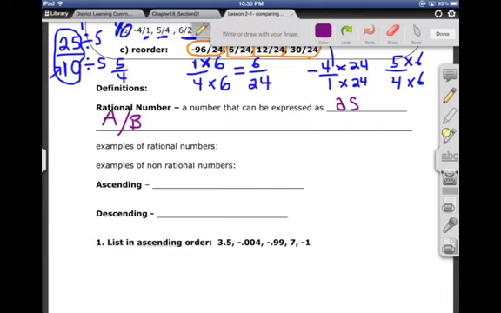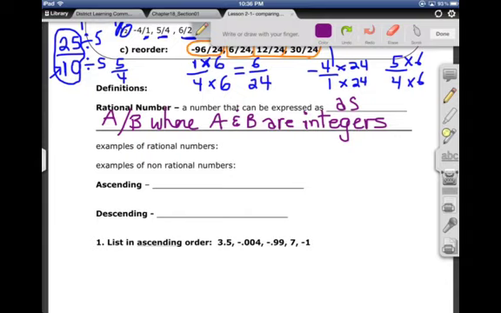Okay, so we'll represent the first value, A, being the numerator, B being the denominator, where A and B are integers. What does that mean? It means that A and B need to more or less be positive or negative whole numbers.